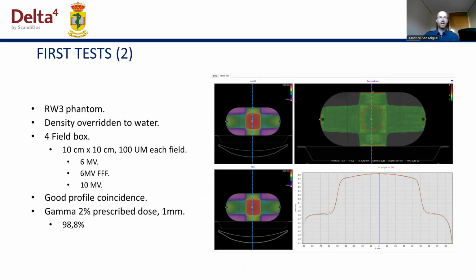As observed, the agreement between the treatment planning system and Insight calculation is again quite good. The image shows the case for 6MV without a flattening filter, and the gamma criterion result is 98.8% with 2% of the prescribed dose and 1 millimeter in this case. The results were very similar for the other two energies.